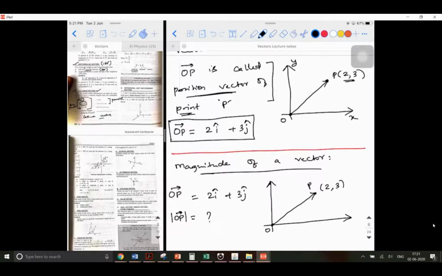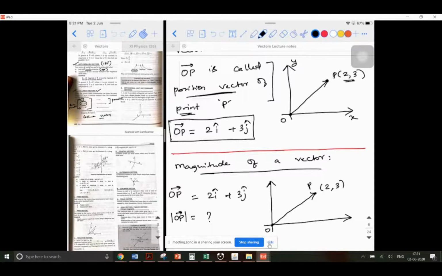Anybody? Sorry? Anybody? Root 13. How did you get that?